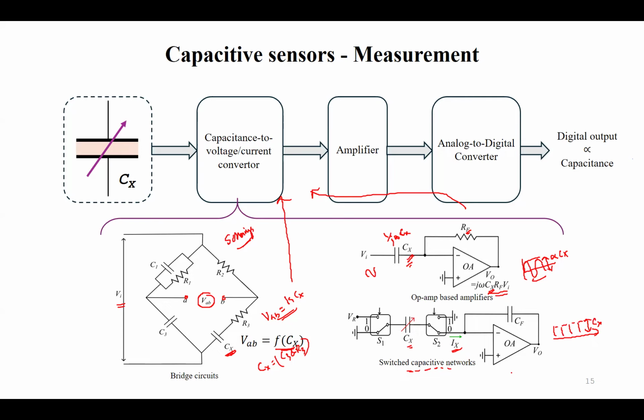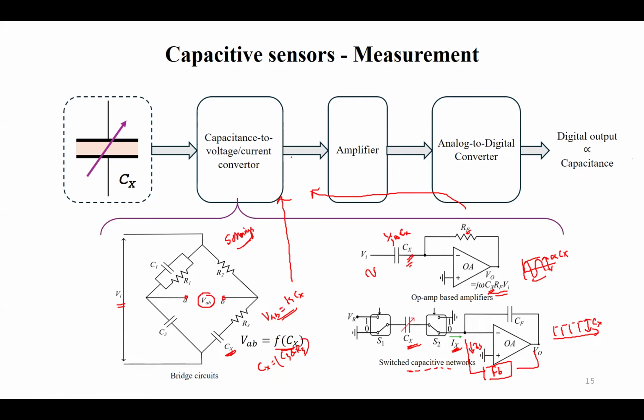If I have some other feedback network, I can easily find the capacitance Cx by balancing this current Ix, which is proportional to Cx, against some other current, say Is. If I compare these, we get the capacitance Cx very accurately. So these are some methods used for capacitance to current or voltage conversion.